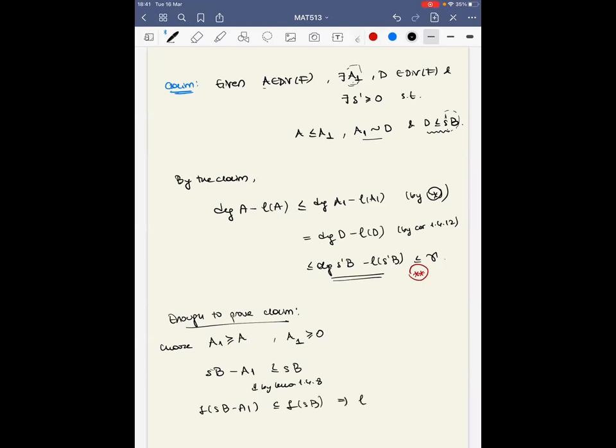Then the dimension of L of SP minus the dimension of L of SP minus A1 is less than or equal to the degree of A1, because the degree of the difference between SP minus A1 and SP is equal to the degree of A1.